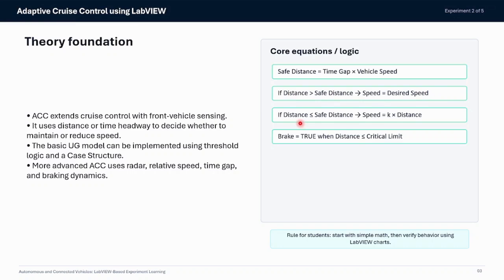If the distance is less than the safe distance, say 4 meters or 3 meters, we apply the brake and reduce the speed. That is the second condition. So there are two conditions: greater than the safe distance, or less than the safe distance, in which case we apply the brake.